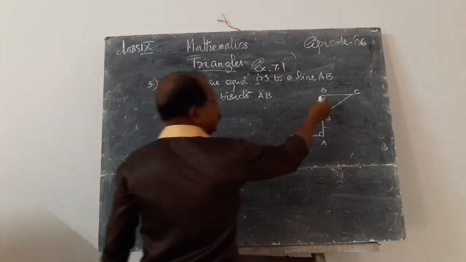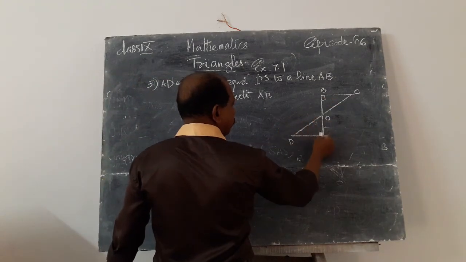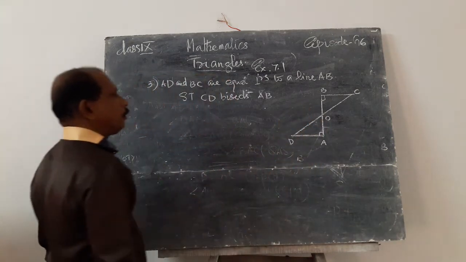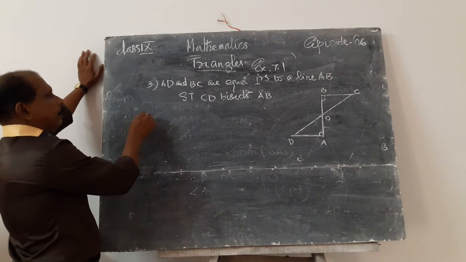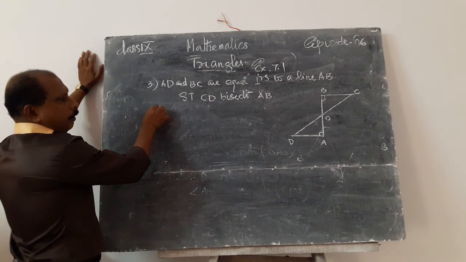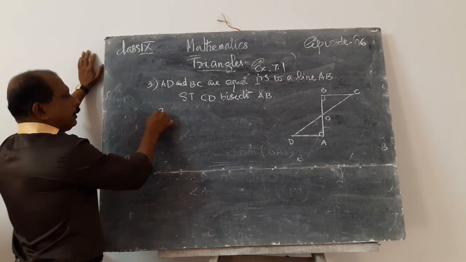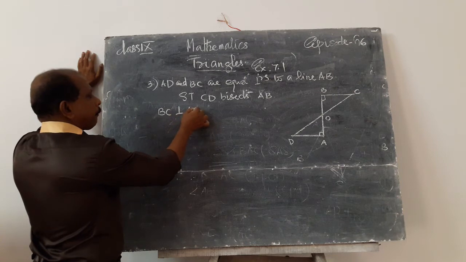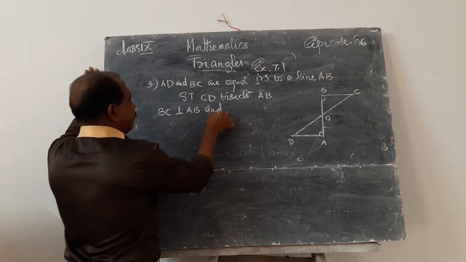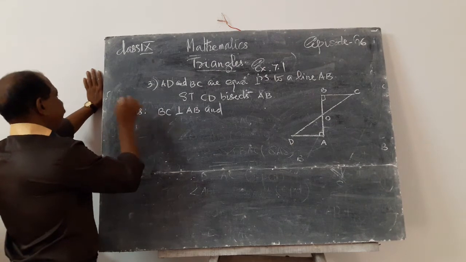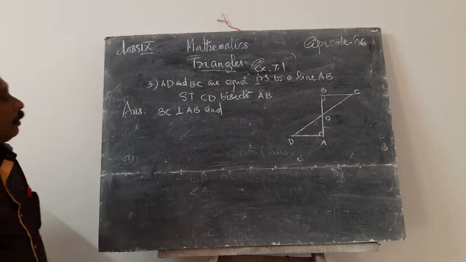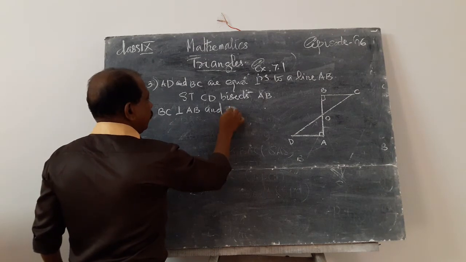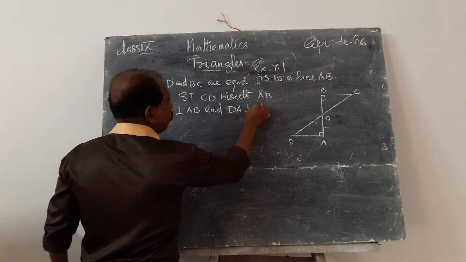That means BC is perpendicular to AB and DA is perpendicular to AB.